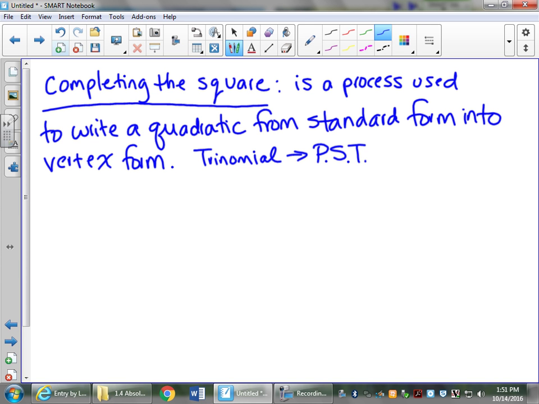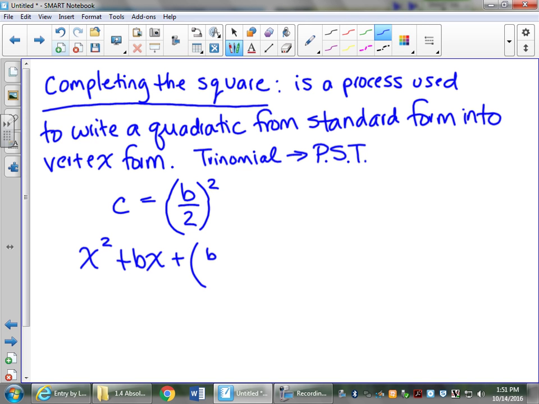So the original C value is not going to make the problem a perfect square trinomial, so we're going to have to find a new one using this formula. B over 2 squared. So that is how we're going to find the new C value that'll turn it into a perfect square trinomial. So you'll end up with x squared plus bx plus our new C value.